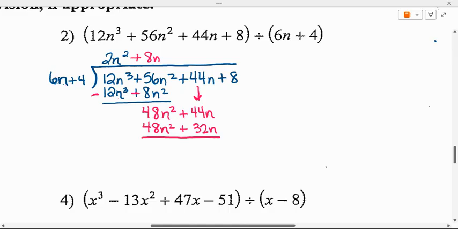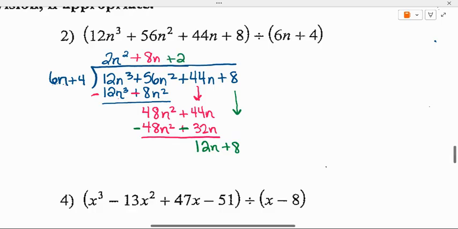But I'm subtracting, so I have to change the sign. 48n squared minus 48n squared is 0. 44n minus 32n is 12n. Bring down my plus 8. All right. Aiden, what do I multiply 6n by to make it equal 12n? 2.